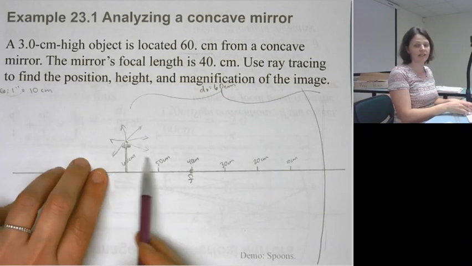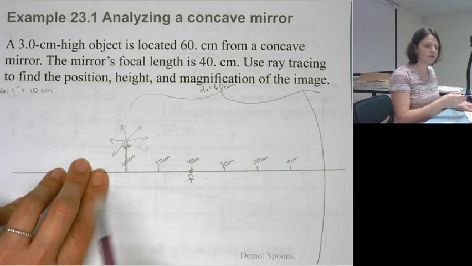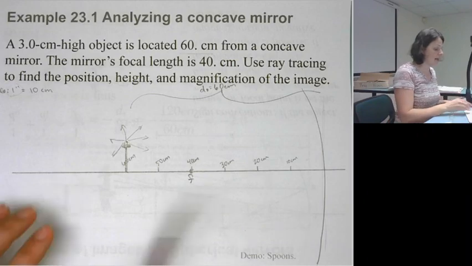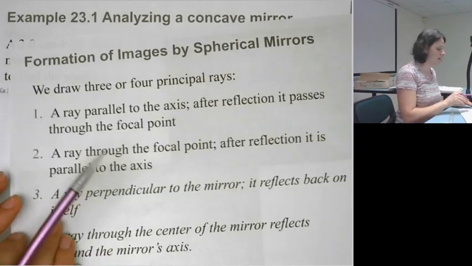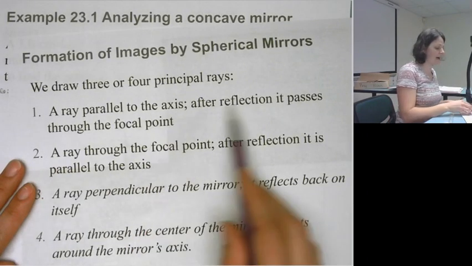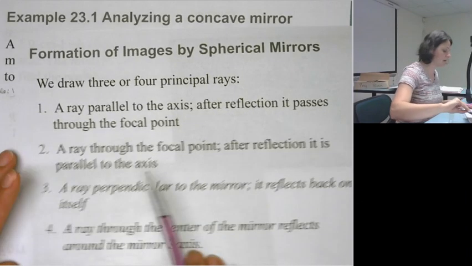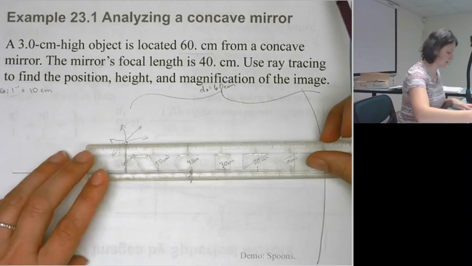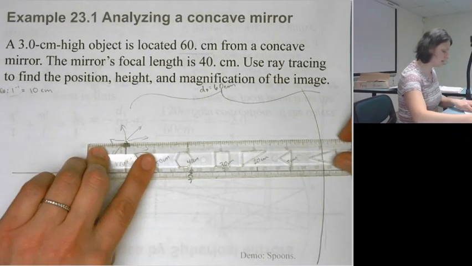But we aren't interested in all of the rays. We're just going to draw a few special rays to make a principal ray diagram. Okay, so we know that rays that come in parallel will pass out through the focal point. So let's draw that ray, this one right here. It's coming in parallel to the axis.